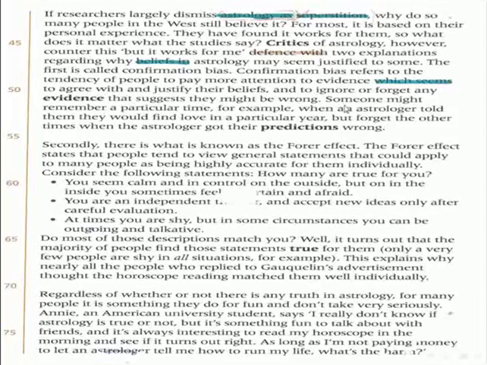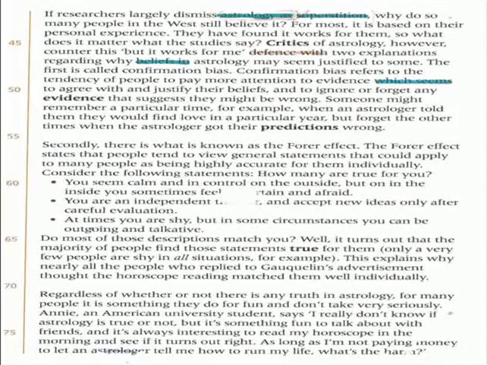Now here, someone might remember a particular time, for example, when an astrologer told them they would find love in a particular year, but forget the other times when the astrologer got their predictions wrong.